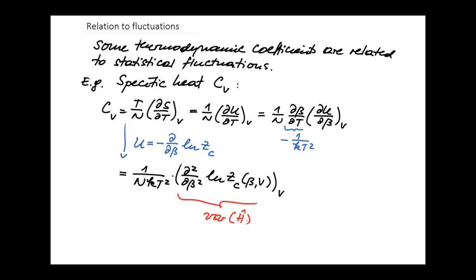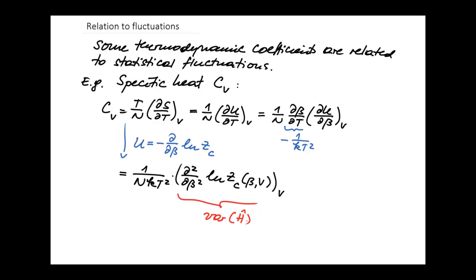We had discussed that within our general framework, and here we see once again that this is in turn related to the specific heat at constant volume. So this is one example where a thermodynamic coefficient is related to statistical fluctuations.